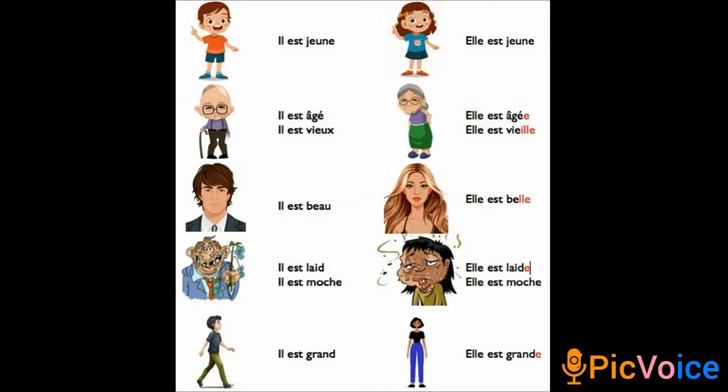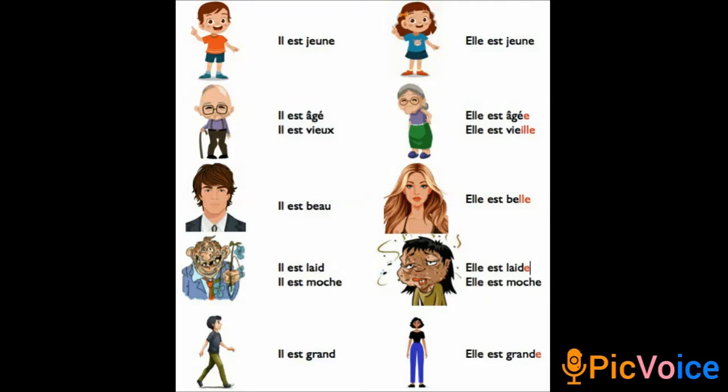So you have is young, il est jeune. Il est jeune means he is young. What are we going to say for a girl? Elle est jeune. Âgé means old, vieux. We can say âgé or vieux. Next we can say handsome to a man, il est beau.